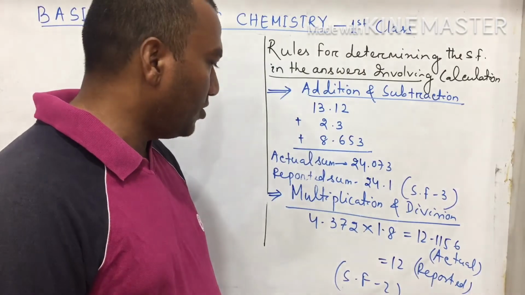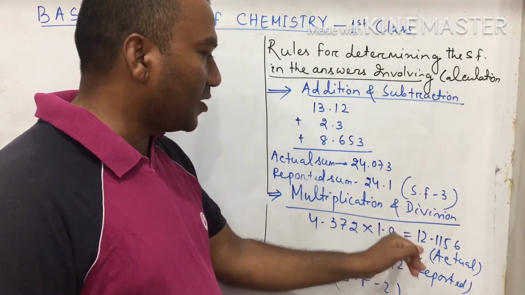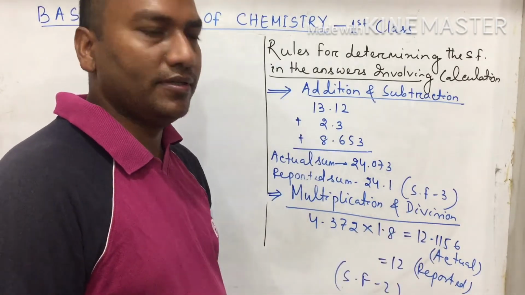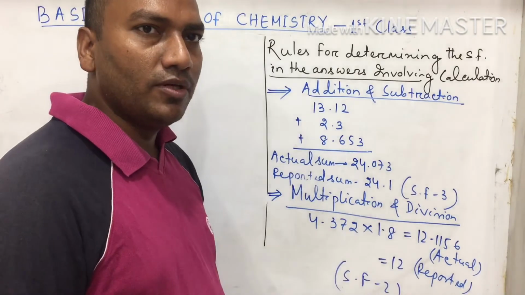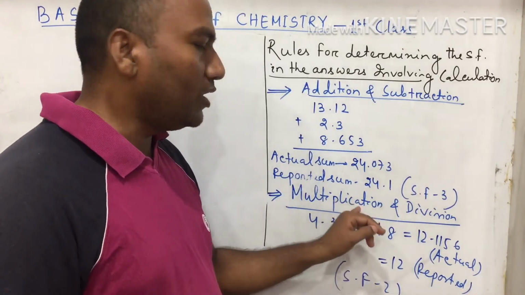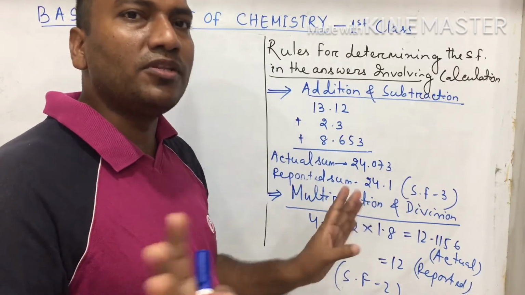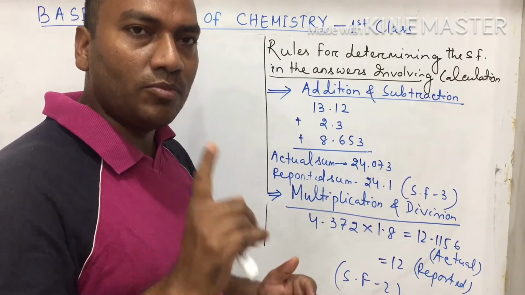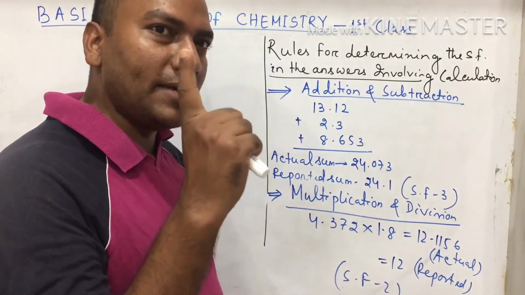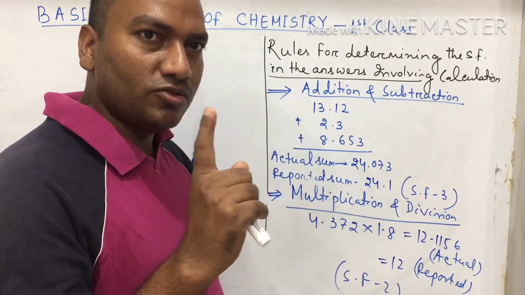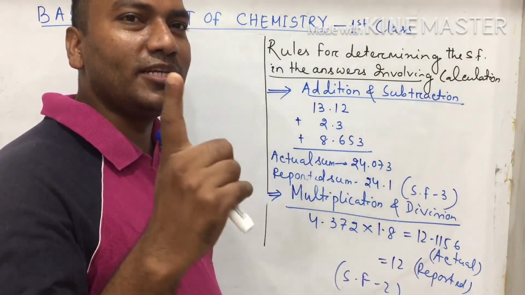Clear? Okay. You can ask one question: sir, suppose it is multiplied by 5, so 4.372 into 1.8 into 5. Always remember, in multiplication and division, an exact number is ignored. Exact numbers are always ignored. If 5 were counted, its significant figure is 1, and you might say we have to round to 1 significant figure.